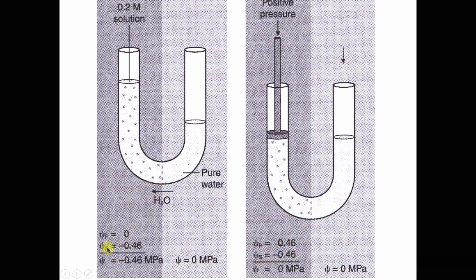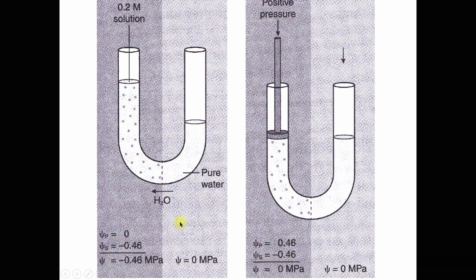Solute potential, because of the presence of these solutes at 0.2 molar, is calculated by iRT, and let's say we get a solute potential of negative 0.46. So the water potential in this region is 0 plus negative 0.46, a total of negative 0.46 megapascal.